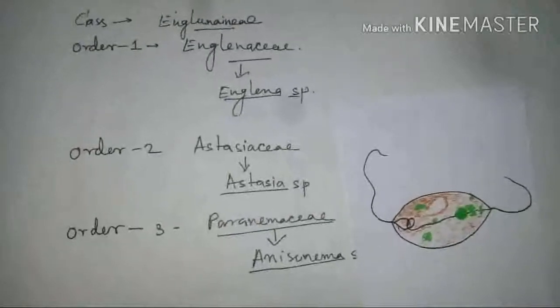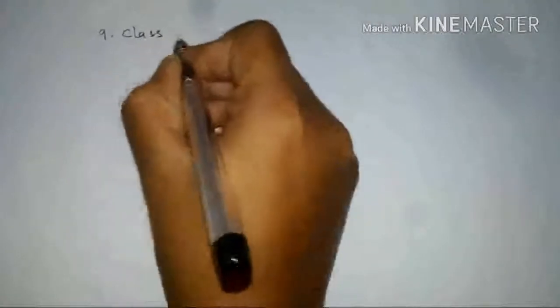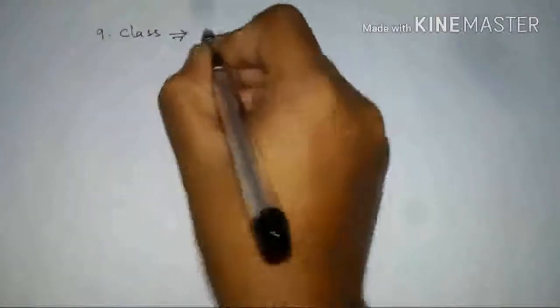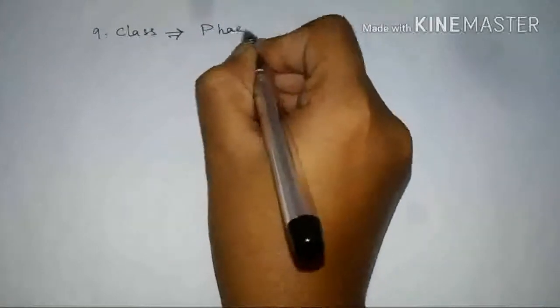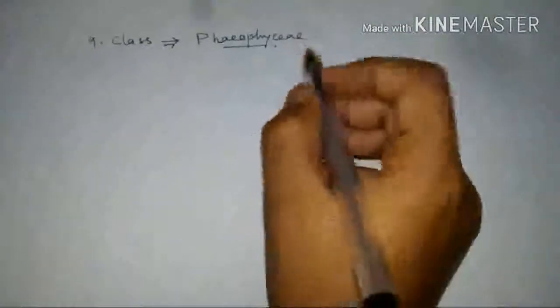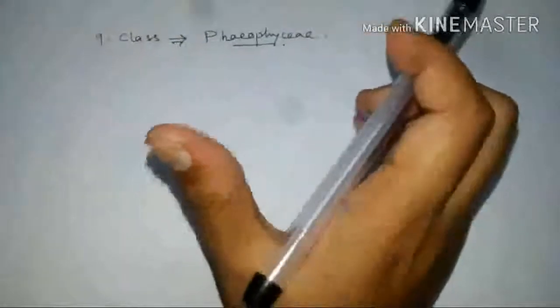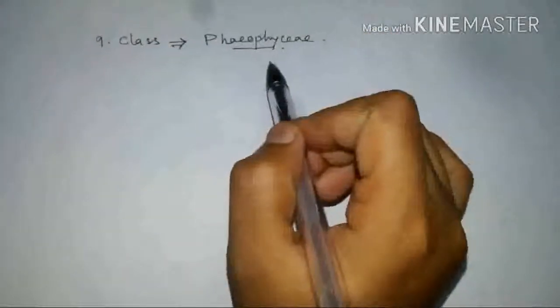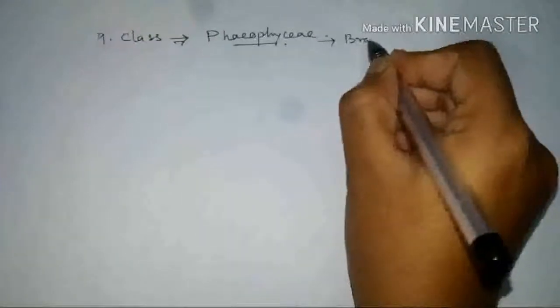Now the next class, class 9, is Phaeophyceae. In this class most of the algae are marine, and it is also called brown algae.